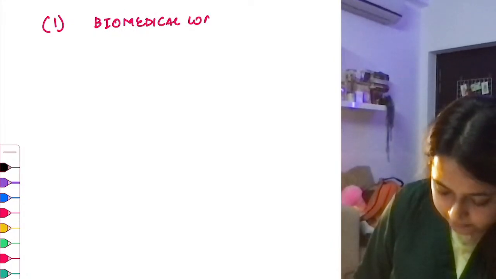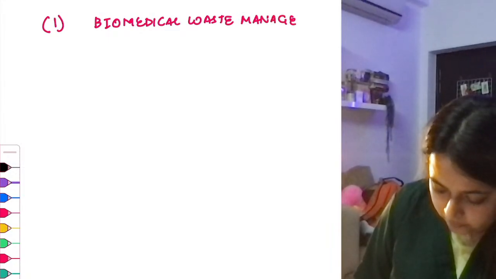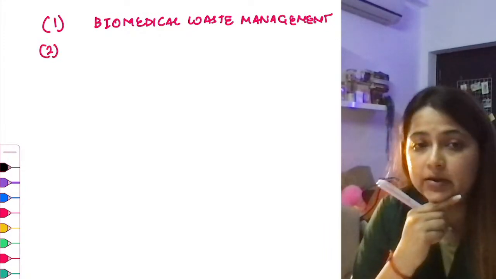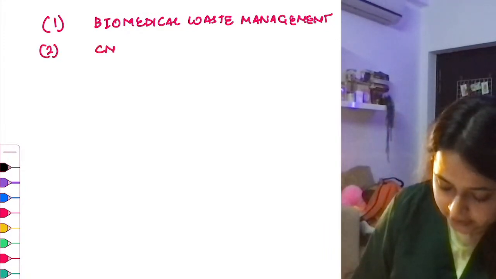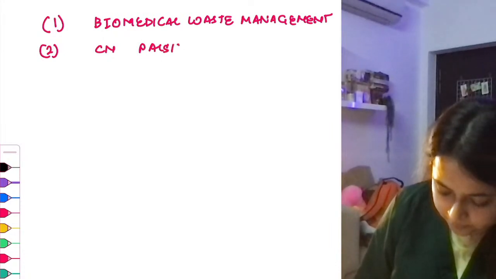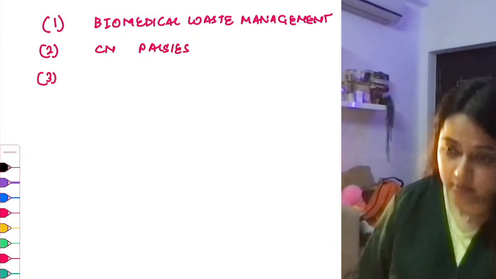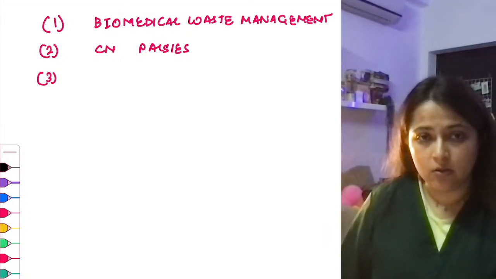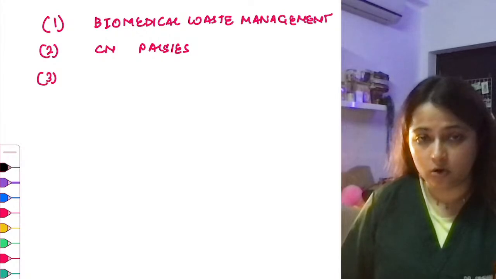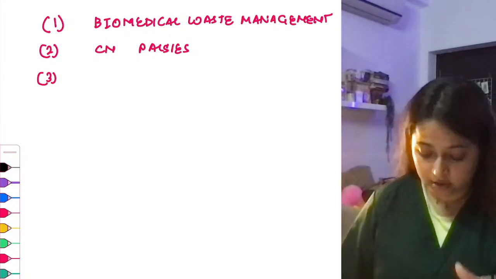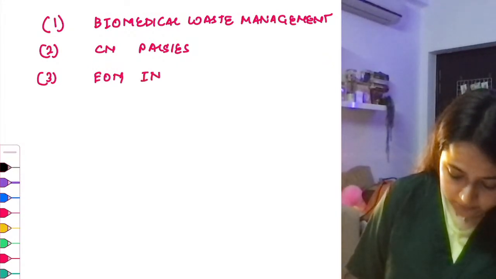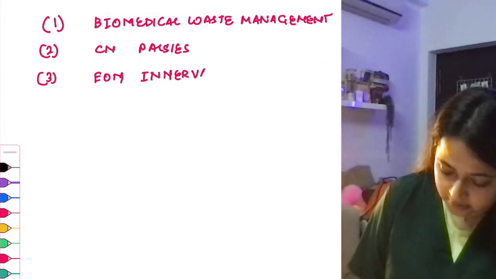The second topic that you have to review is cranial nerve palsies. What would happen if there is third nerve, that is oculomotor nerve palsy, and what type of eye muscles would be involved. This is very, very important. So write down one more thing, extraocular muscles and their innervation.